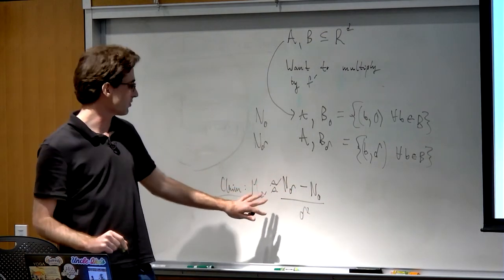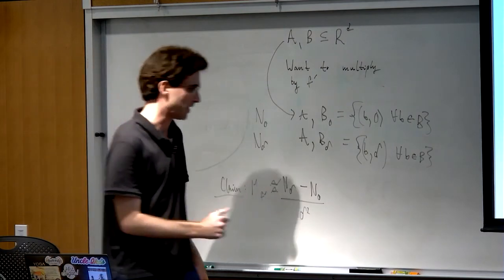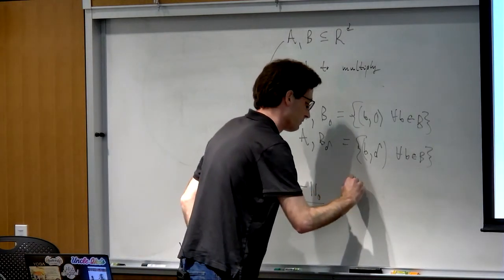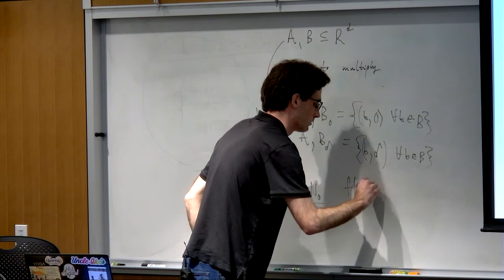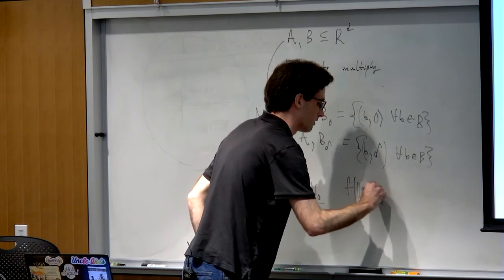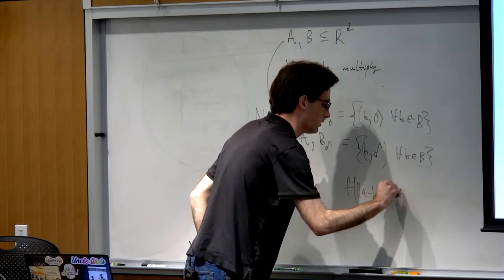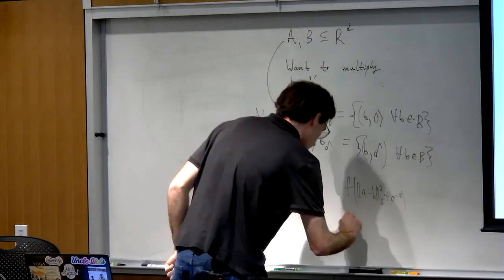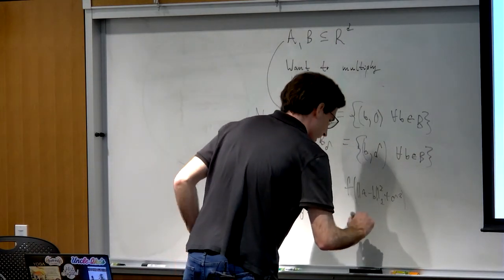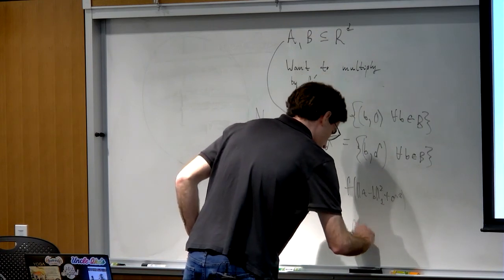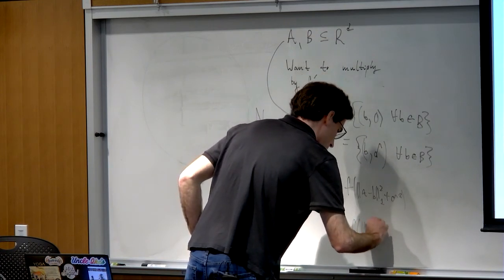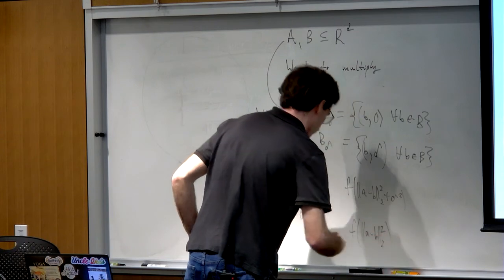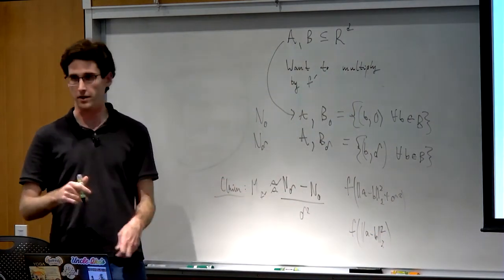The reason is that the entries of this matrix are f of a minus b 2 norm squared plus delta squared, and the entries of the other matrix are just f of a minus b 2 norm squared. So this is just an approximation to the derivative.